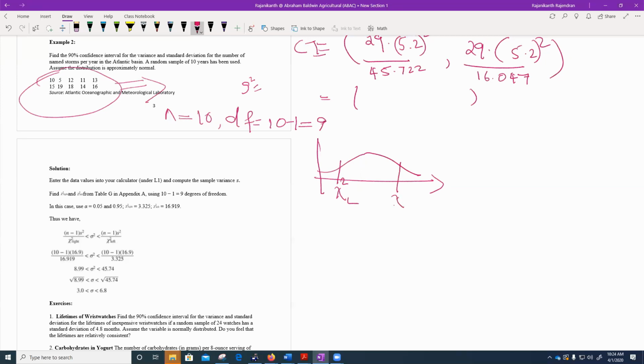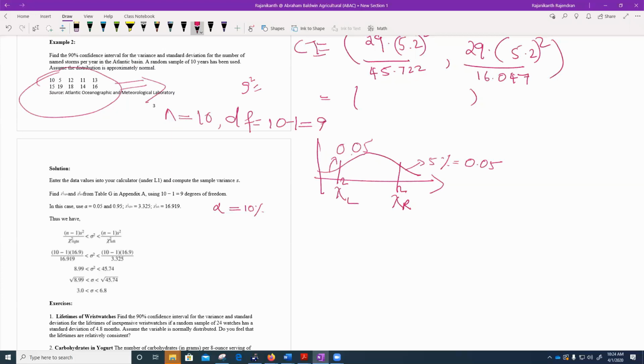This is my chi-square right. But you know, what is my alpha? Yes, 90% confidence interval. Therefore, 100 minus 90, 10, right? Therefore, my alpha is 10%. Divide this by 2 to put both sides. So this side is 5%, that is 0.05. So that side also 0.05 area, right?